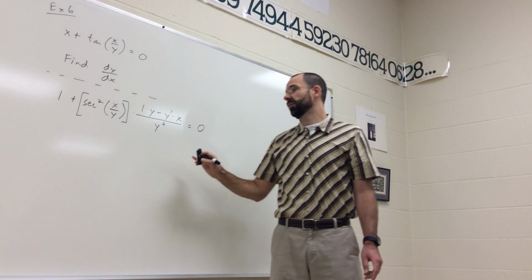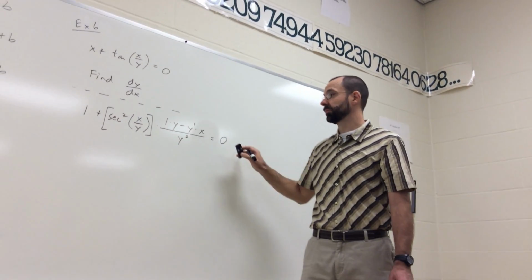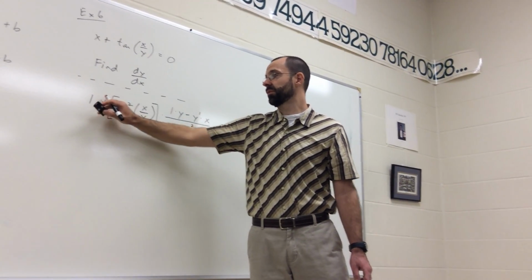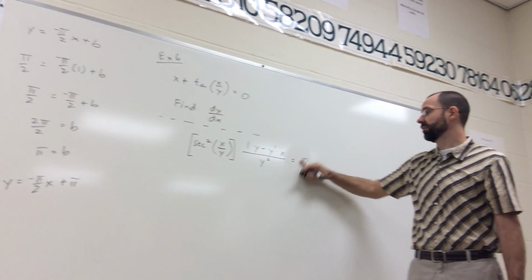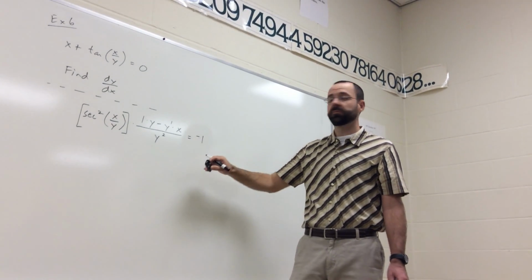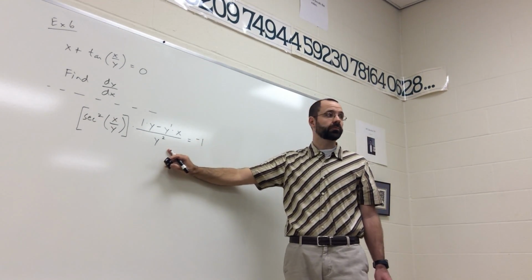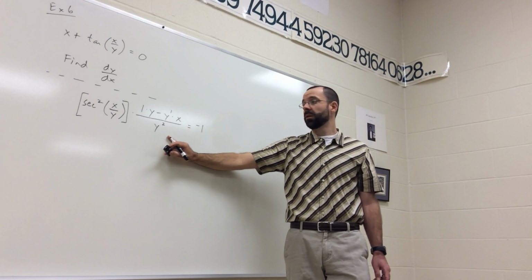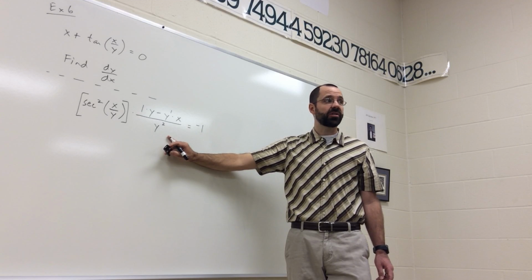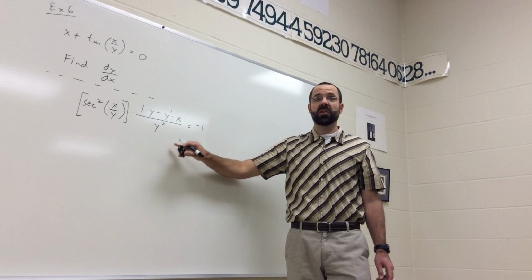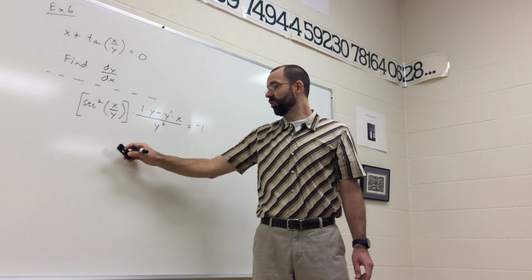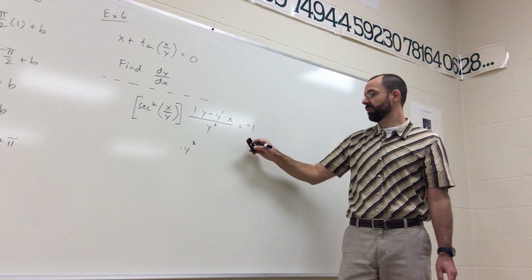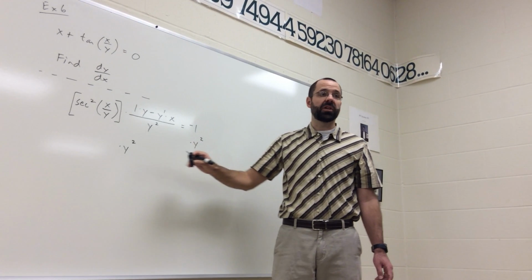Okay, now I'm going to subtract the 1 over. So I'll have all of this equals -1. And then I'm going to clear the fractions. So since it's divided by y squared, if I multiply by y squared on both sides, that'll get rid of the fractions.